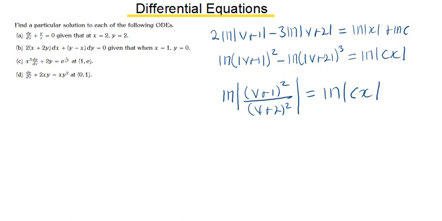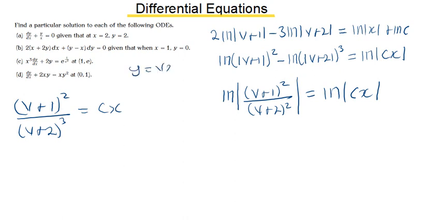So this just turns out to be v plus 1 squared divided by v plus 2 to the power 3 equals cx. This is close to the general solution, but remember that y equals vx, meaning your v equals y over x.